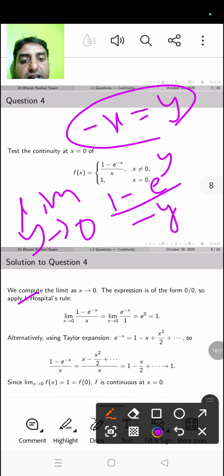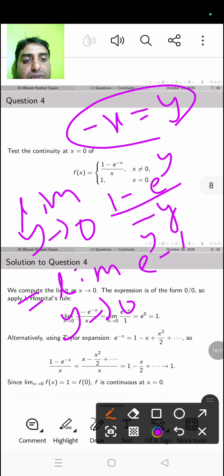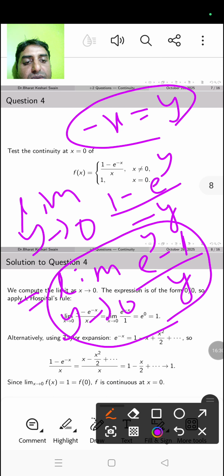Okay, and you can write this as limit y tends to 0, e to the power y minus 1, just multiply minus 1 on numerator and denominator both. So e to the power y minus 1 divided by y, and just compare with the formula, and that will be equal to 1. Okay, so this is the limiting value. Is it not?